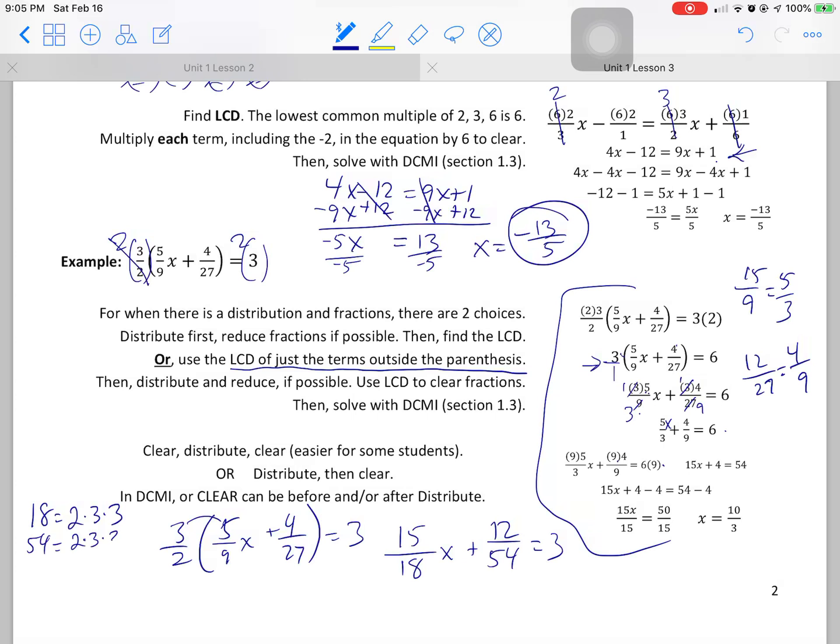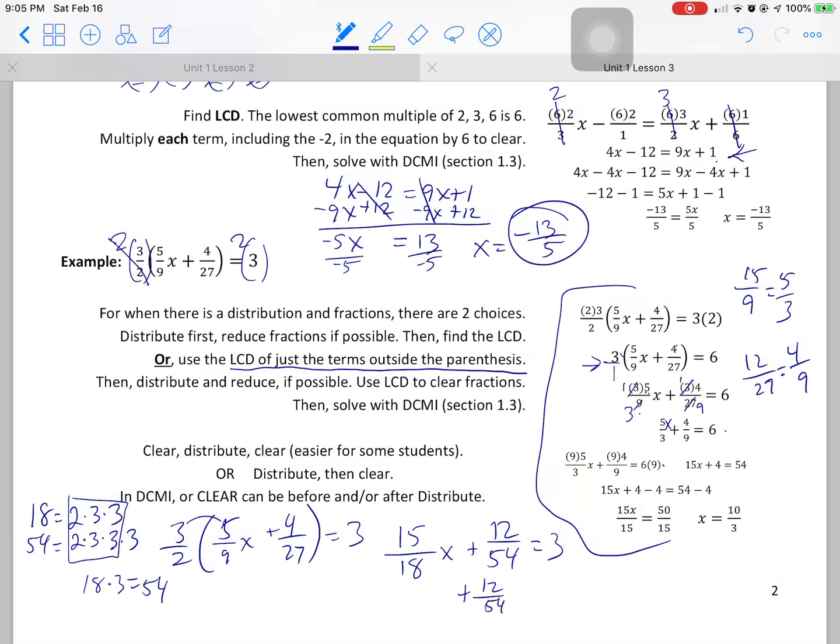So they have all of these in common: 2 times 3 times 3 is 18, times 3 would be the LCD. It is 54. Okay, 18 does go into 54.